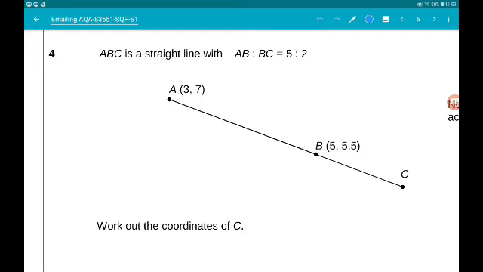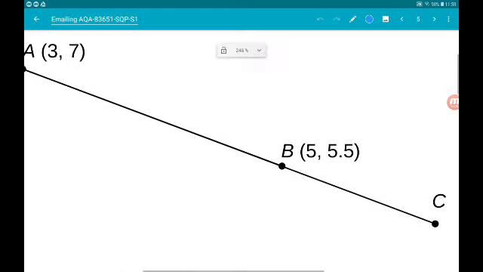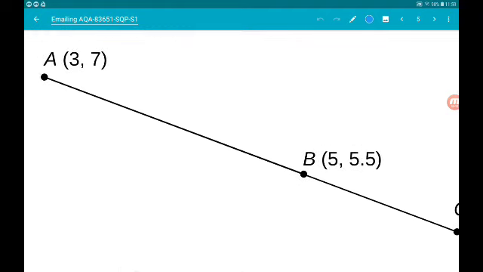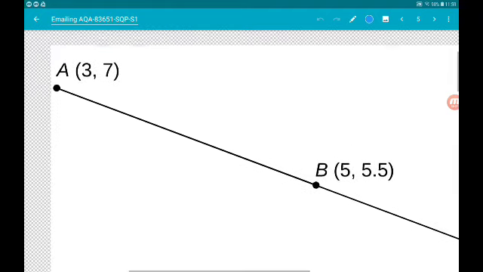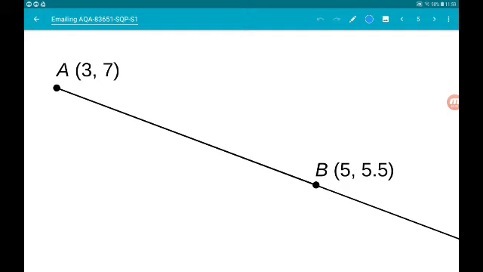Okay, question 4. ABC is a straight line with AB to BC in the ratio 5 to 2. We know the coordinates of A are 3, 7, and the coordinates of B are 5, 5.5. We want to work out the coordinates of C. So we know that AB to BC is in the ratio 5 to 2.